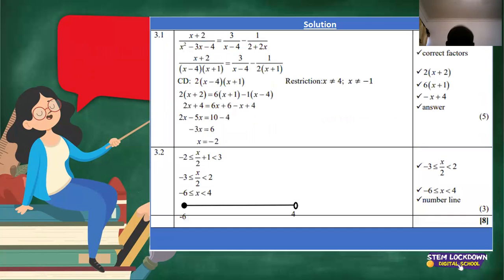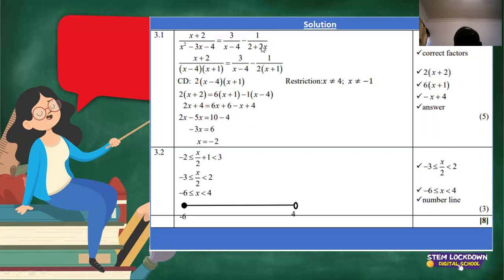Okay, let's see our solution from this. This is our question: x plus 2 over x squared minus 3x minus 4 equals 3 over x minus 4 minus 1 over 2 plus 2x. The first thing is to factorize this trinomial, and we get x minus 4, x plus 1. This one is 3 over x minus 4.